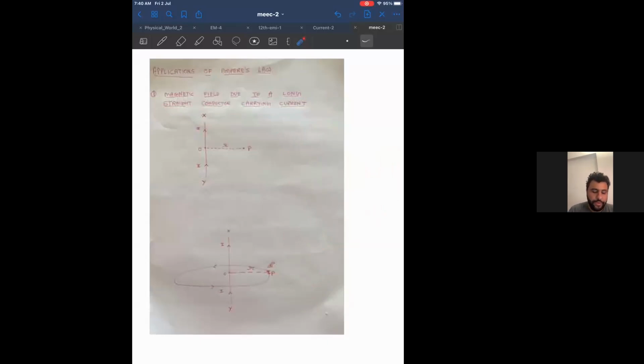Okay. So I will draw the diagram again next to it. There is a long wire by the name of XY, and the current is flowing through this wire, denoted by I. And let the wire's center be at O. Now let me take a point P, which is at some distance R from the wire.